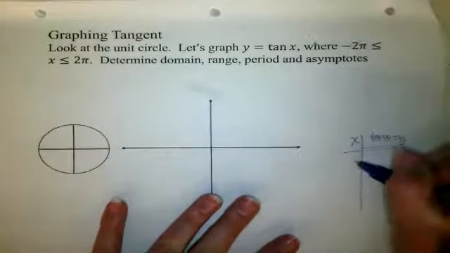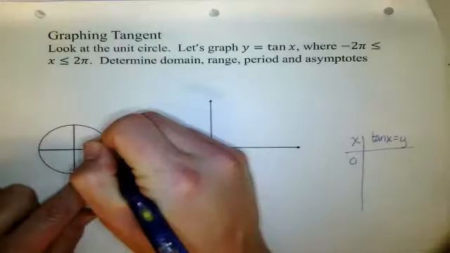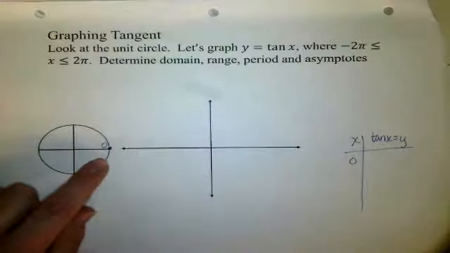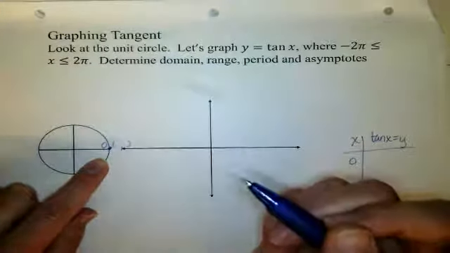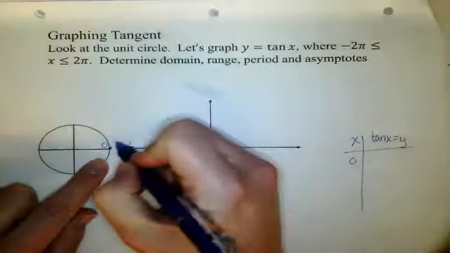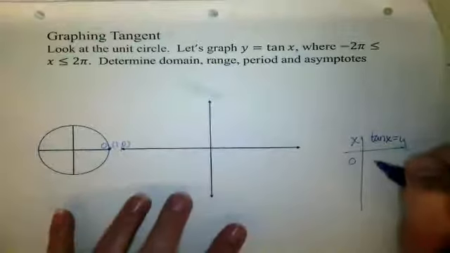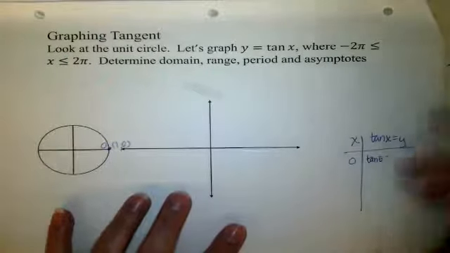I'm just going to start at 0 radians. So right here at 0 radians, what's the ordered pair? 1, 0. Good. How do you find tangent? Tangent of 0.